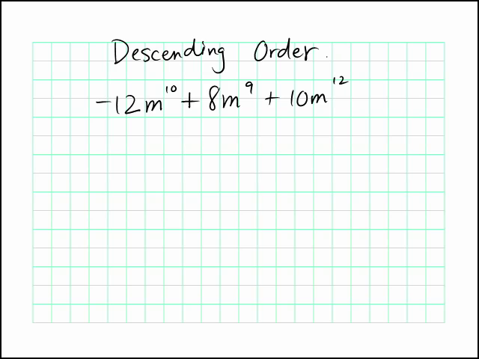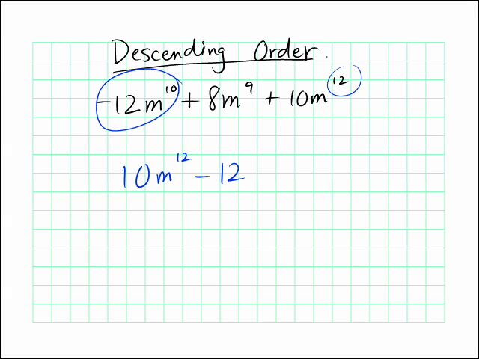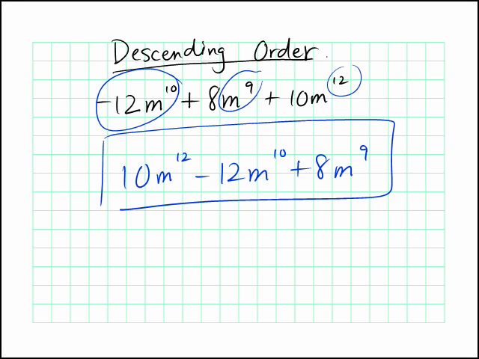Okay, the highest power is the 12 here, and so I would write this term first. 10 m to the 12th goes first. Then the next one in order would be the 10 here, minus 12 m to the 10th power, and then finally the 9th power, 8 m to the 9th. And there's our polynomial in descending order.